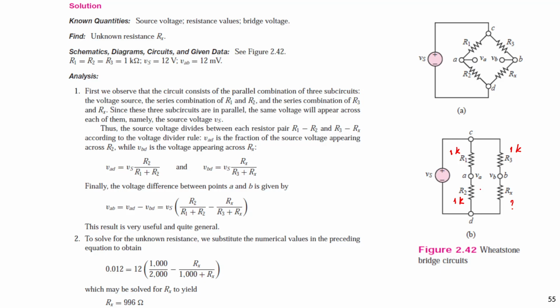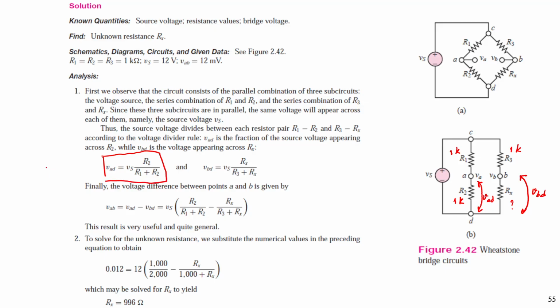So let's see, VAD here, VBD is here. If we use the voltage divider, VAD is Vs times R2 divided by R1 plus R2. This is by voltage divider.